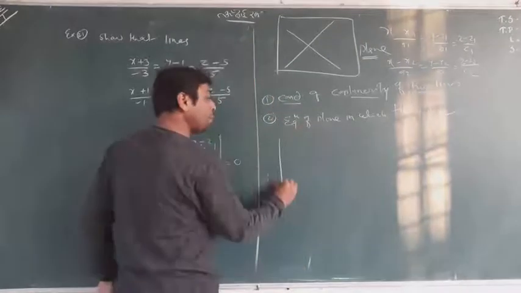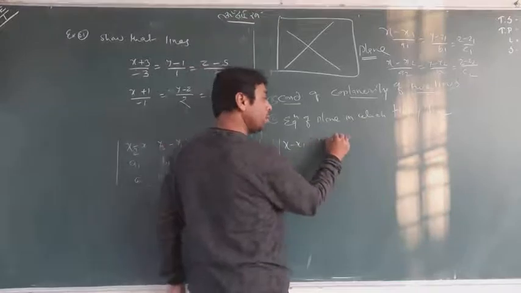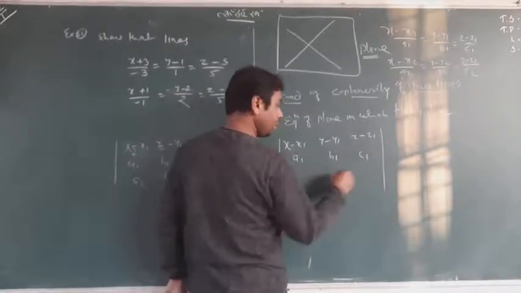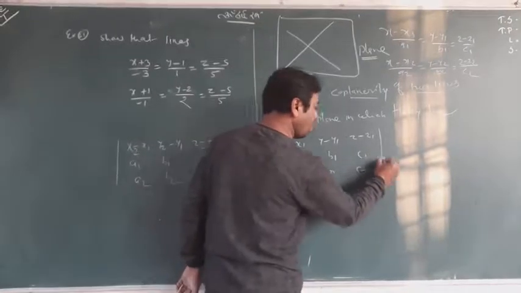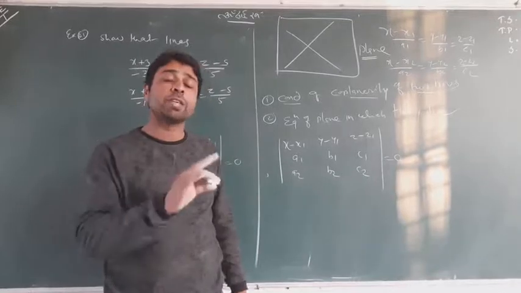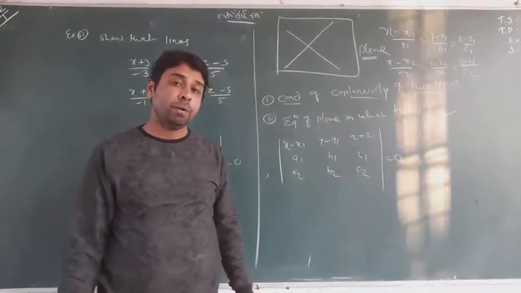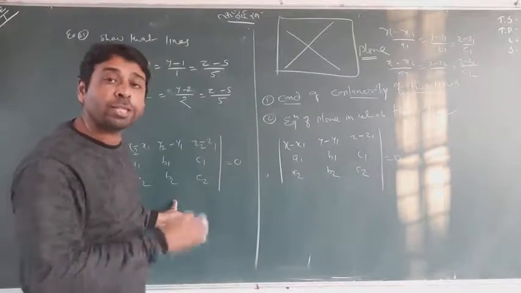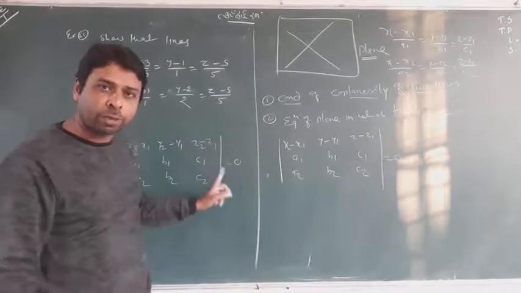The equation of the plane can be obtained by the determinant of x minus x1, y minus y1, z minus z1, a1 b1 c1, a2 b2 c2 equal to 0. This is a direct formula, but I request you students, please read it because it may come in the exam. First condition, to show that lines are coplanar or intersecting, left hand side should equal right hand side.